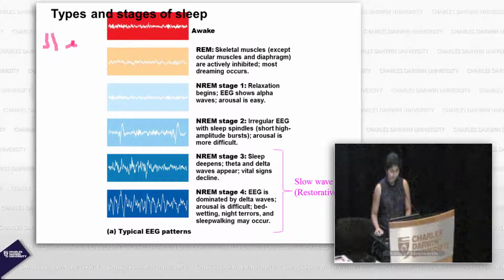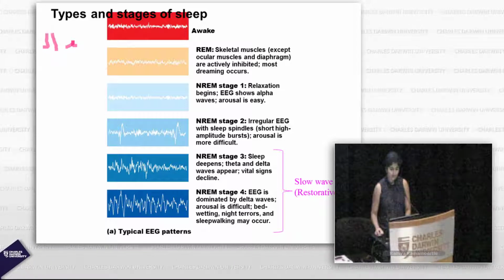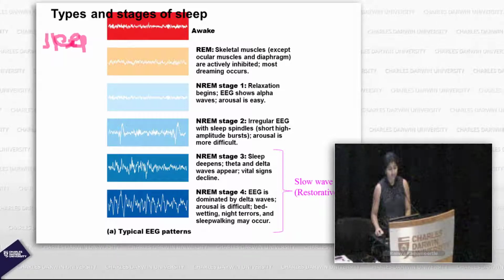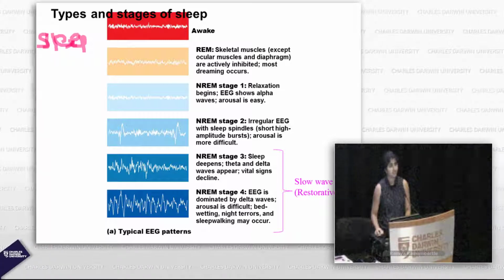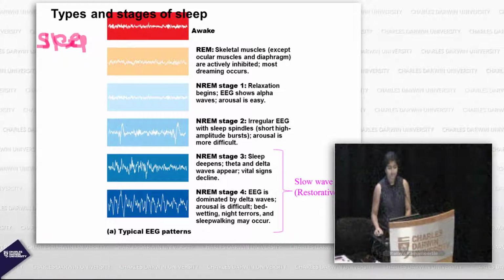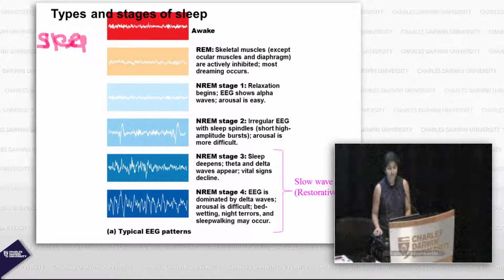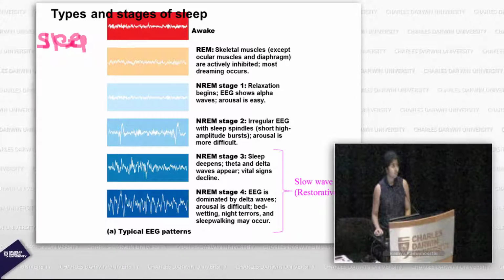In sleep, your cortical activity is depressed, but your brainstem activity is still intact. There are different stages of sleep, and as you can see here, there are different EEG patterns. People who have done a sleep study would know about these different waves. They would have talked to you about these.